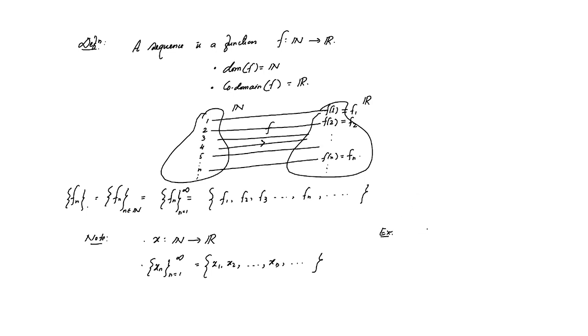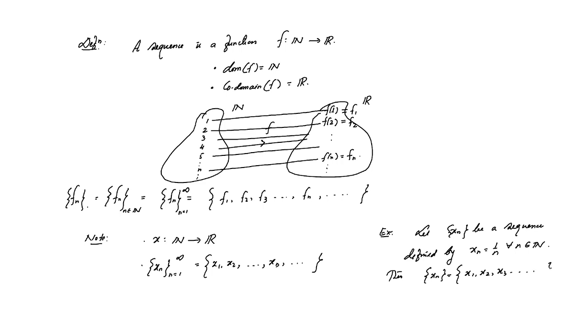Let xn be a sequence defined by xn equals 1 by n for all n belongs to natural numbers. Then the sequence xn will be x1, x2, x3, and so on. So it will be 1, then a half, then 1/3.